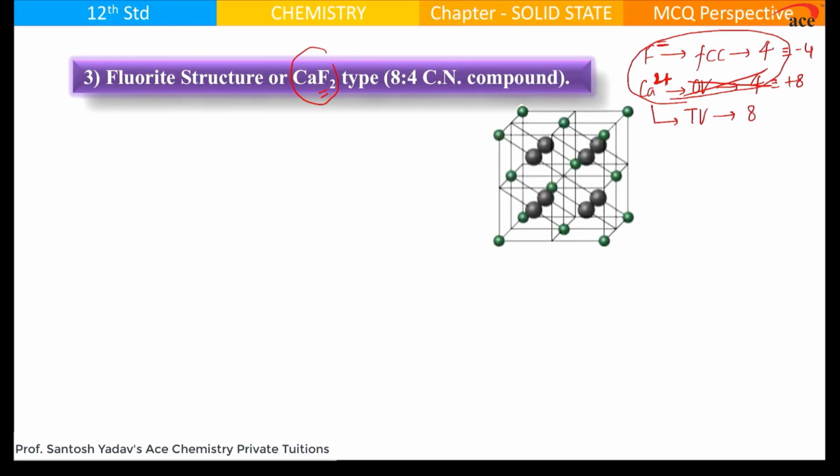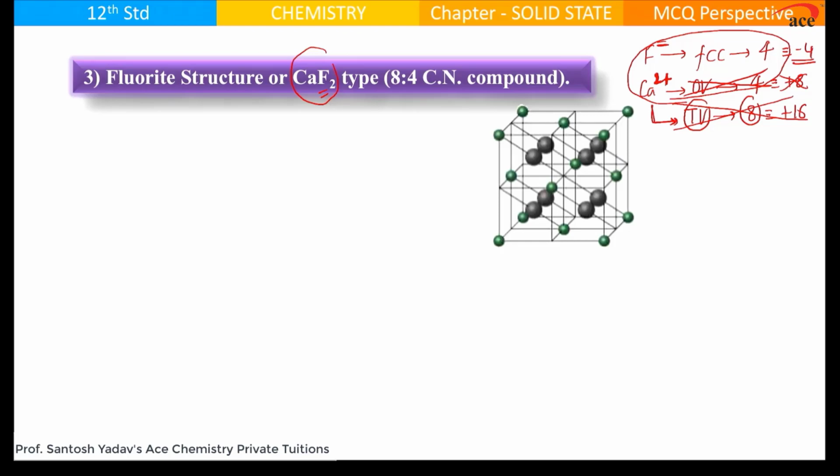Now, imagine calcium occupies 100% tetrahedral voids. So, it will be 8 in number. If it is 8 in number, the charge will be plus 16, and fluoride is still minus 4. So, even then there will be no charge cancellation. Whether calcium occupies octahedral voids or tetrahedral voids, charge cancellation doesn't happen.